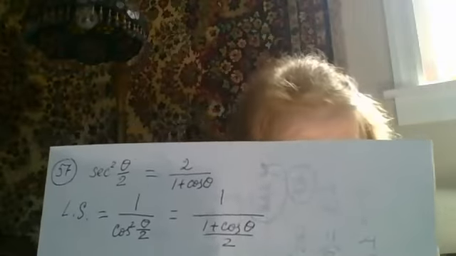Which means it will be 1 divided by the fraction 1 plus cosine theta, not theta over 2 anymore, divided by 2. This is what I am getting applying formula number 7.